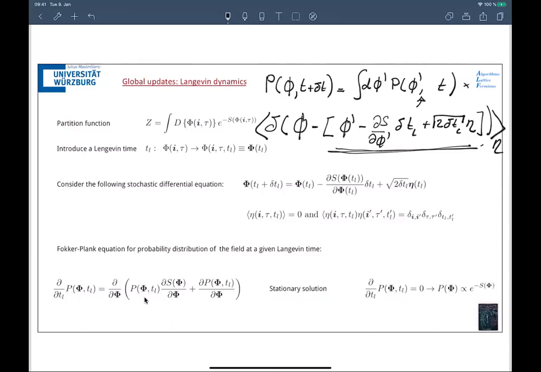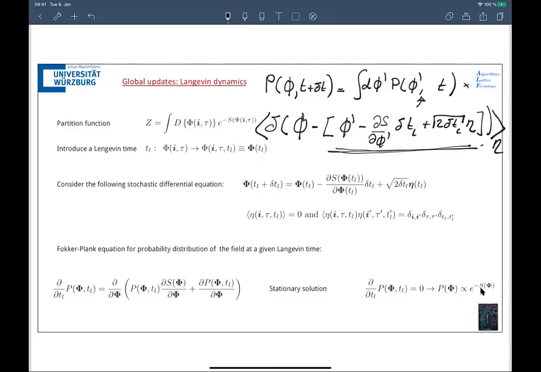If I assume that I will come to a stationary probability distribution, which is time independent, then this term has to be equal to 0, which tells me that the equilibrium distribution is actually what I would like to sample. Okay, so on paper, it works.